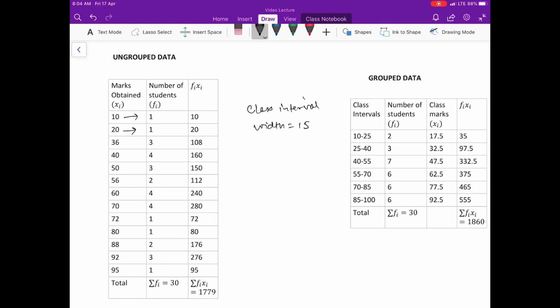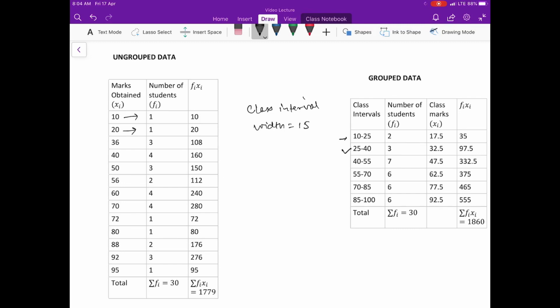Like here in 10 to 25 or 25 to 40, if my data is 25, the marks of a student getting 25 is 2, then you will not include that student in this. You have to include in this 25 to 40.